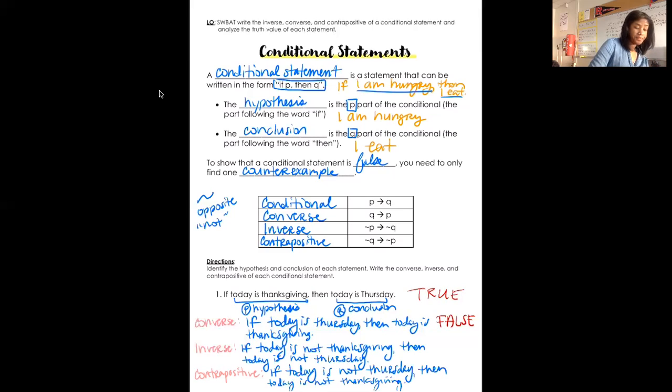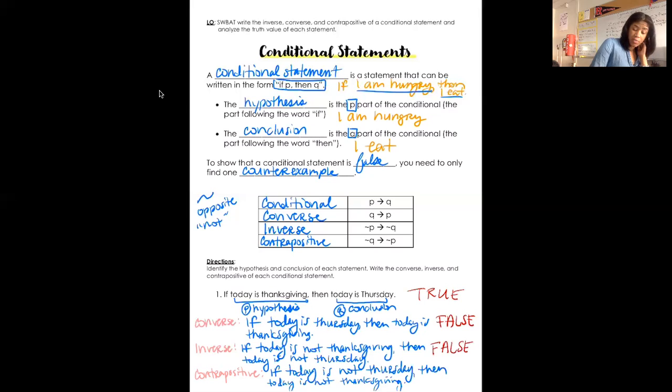But let's use December 10th again. If today is not Thanksgiving, so December 10th is not Thanksgiving, then it's not Thursday. Is that true? Well, that's not true, and that disproves this statement. Yes, it does, okay? Just because the day is not Thanksgiving does not mean that it is not Thursday. So this one is false.